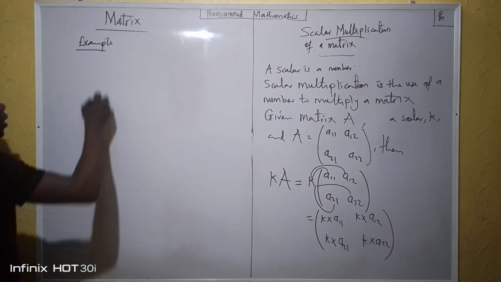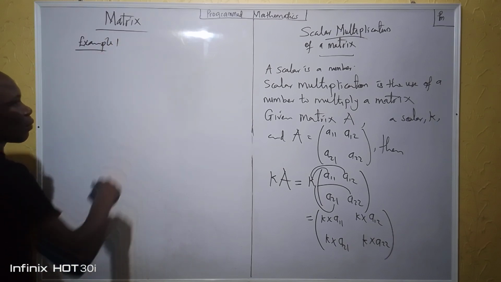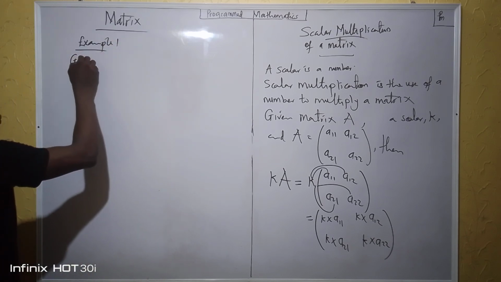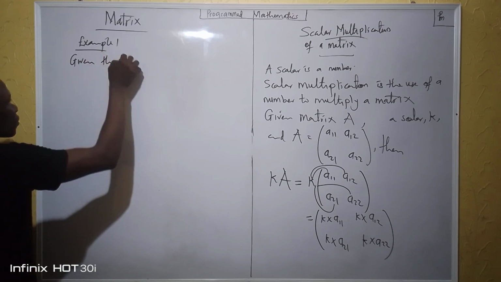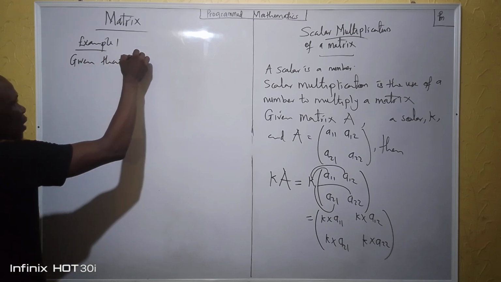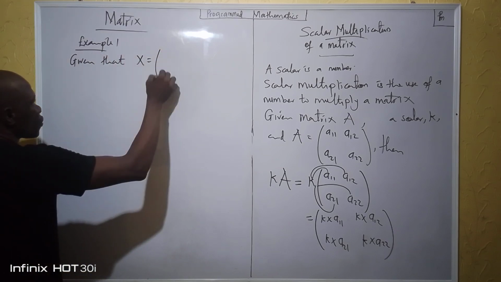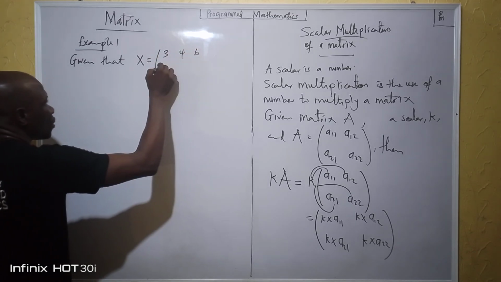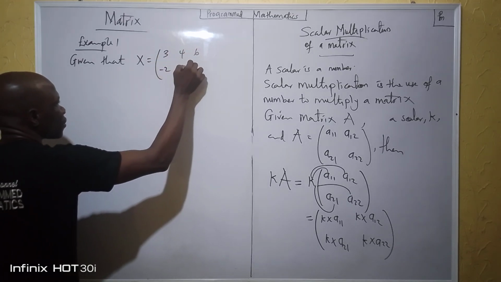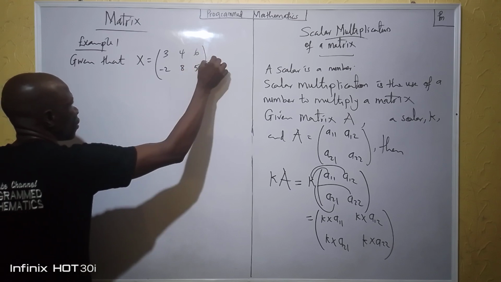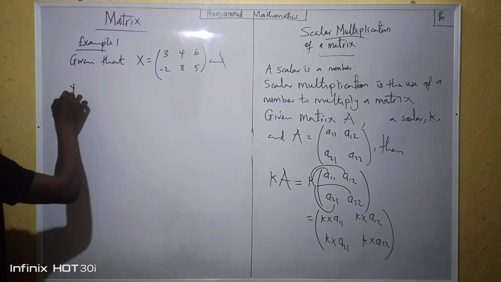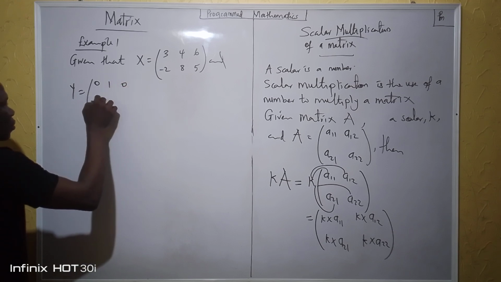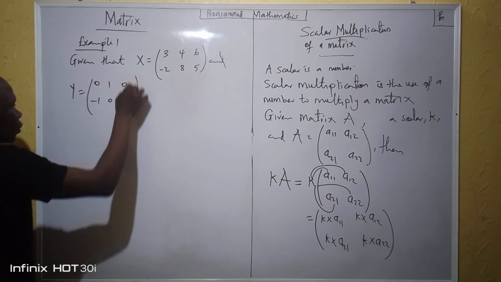So let's take the first example on this scalar multiplication of matrix. We are given that matrix X is equal to [3, 4, 6; -2, 8, 5], and matrix Y is [0, 1, 0; -1, 0, -1].